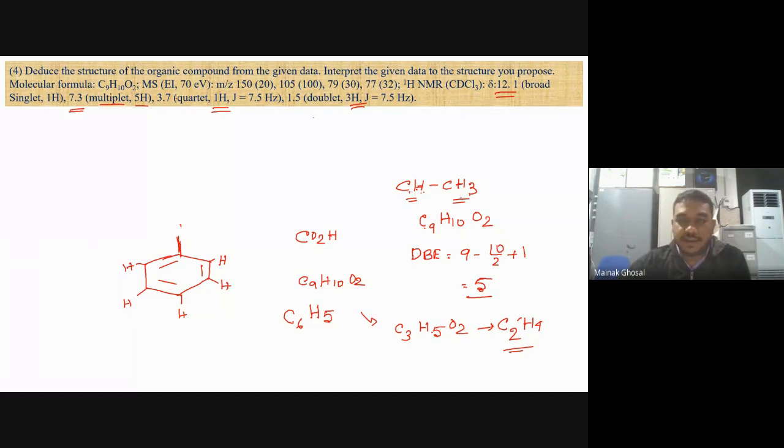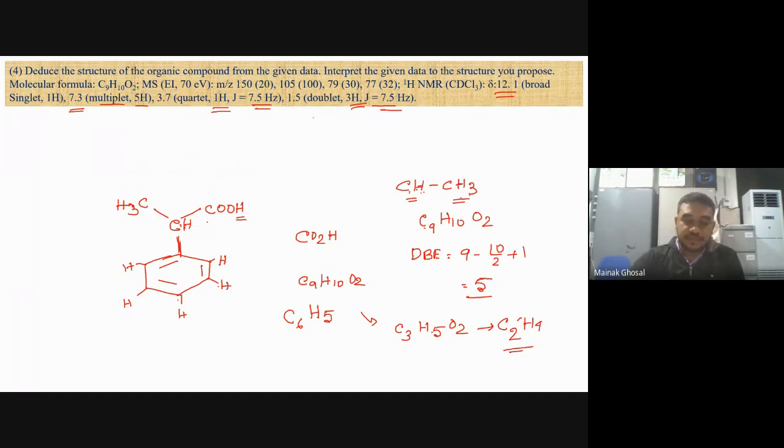These 2 are coupled to each other with the same coupling constant. All of this gives the idea that this could be the molecule. All the NMR data match: these 5 give a multiplet, this hydrogen gives a quartet, these 3 give a doublet, and this hydrogen is a broad singlet. So you are done with your NMR data.